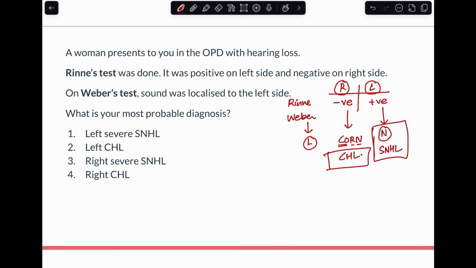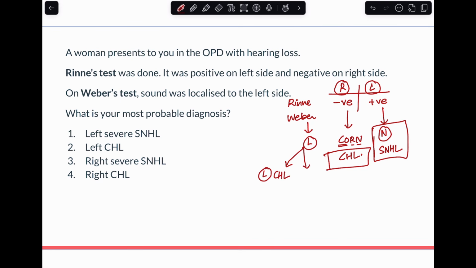But now when we are seeing the Weber's test, it is saying that the Weber gets localized to the left side. Now what are the possible inferences? Forget about Rinne, if Weber was localized to the left side, what would be our possible inferences? In conductive hearing loss, we know that Weber gets localized to the poorer ear. That means if it is localized to the left side and it is a conductive hearing loss, it has to be a left conductive hearing loss.